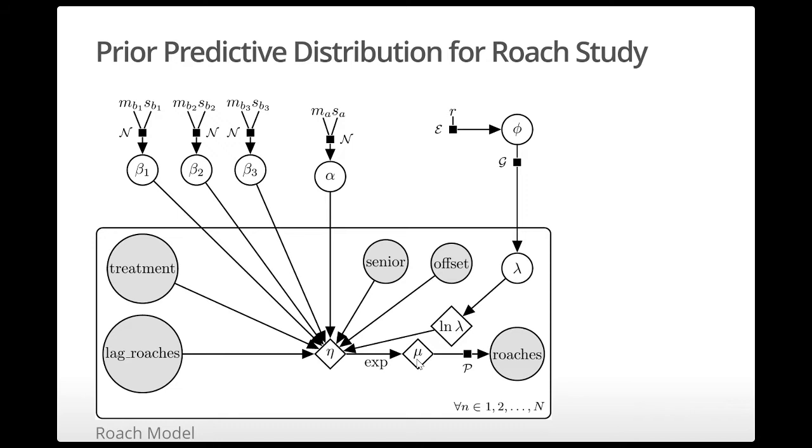So a lot of it goes back to the goals of frequentist inference. Let's say you had cosine of lag roaches or something like that going into eta. There would no longer be a single effect of lag roaches.